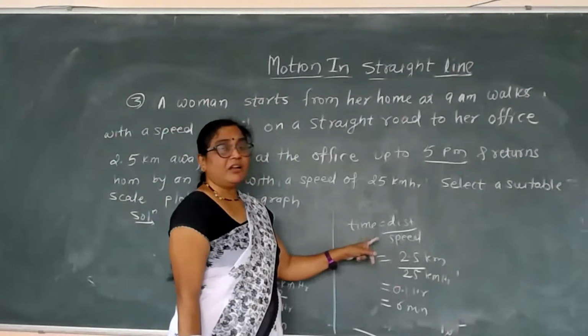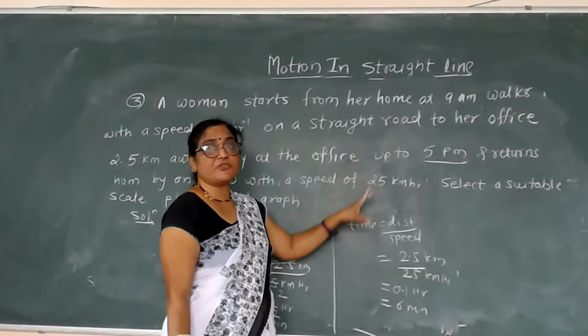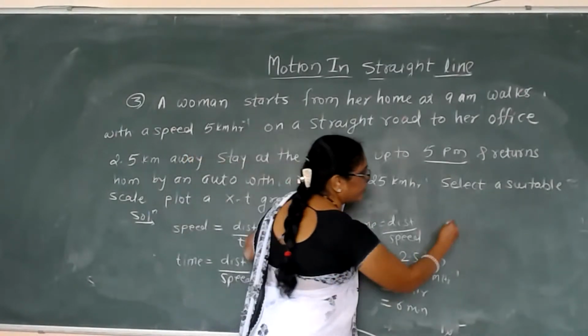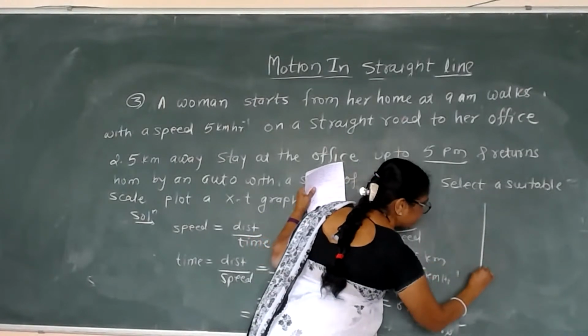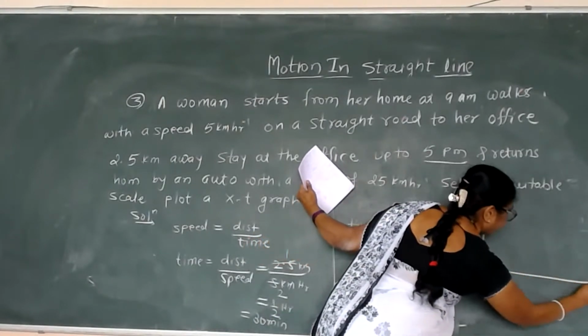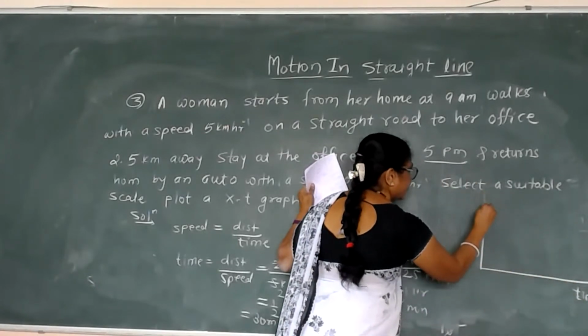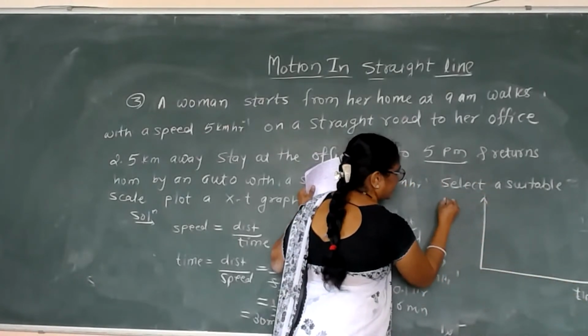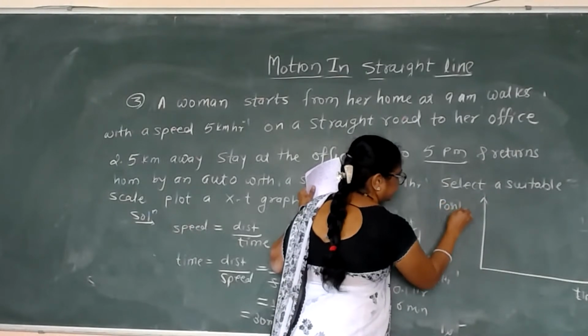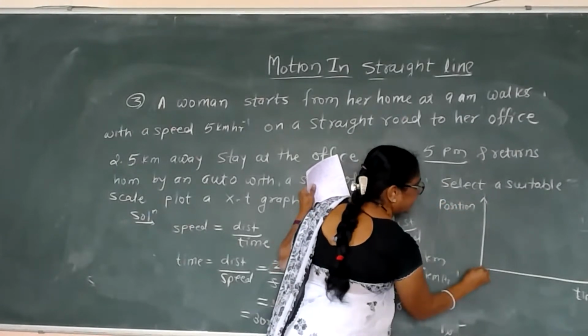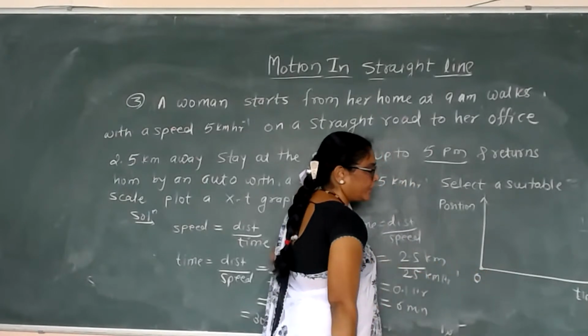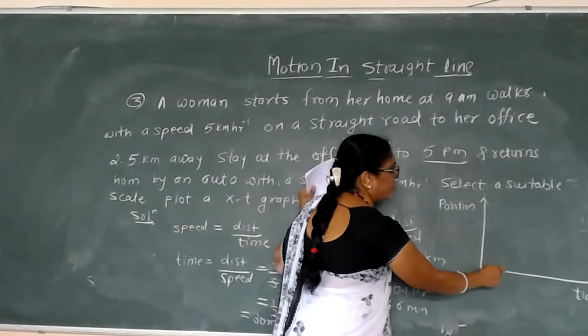So here the question is to draw the position-time graph. So we draw the position-time graph and take a scale. This is time and this is position. So starting from home, 0. Take the time 1 hour, 2 hour, 3 hour.